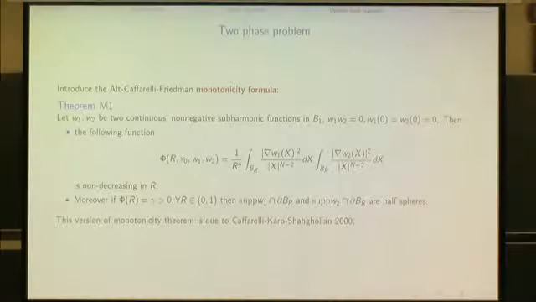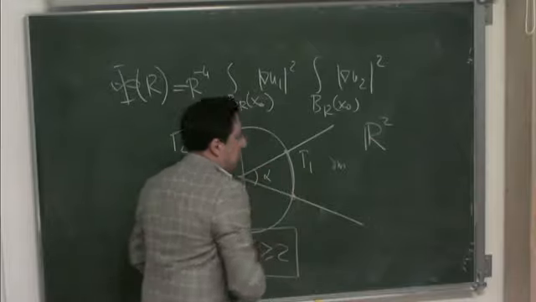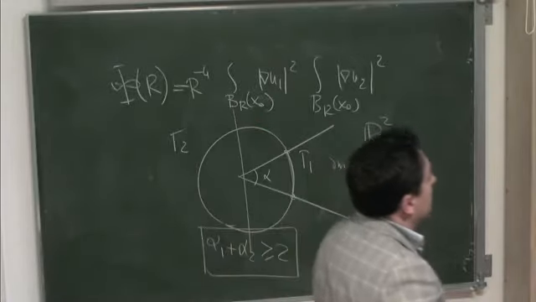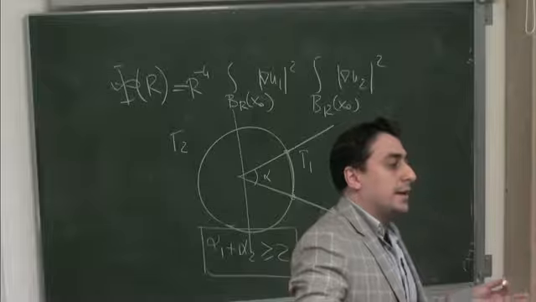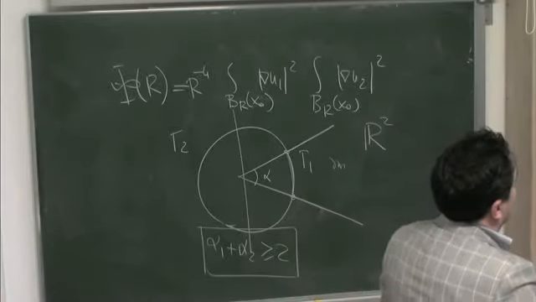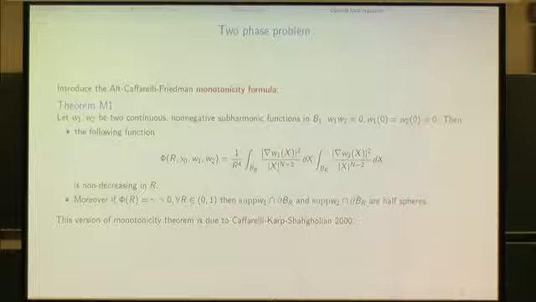In fact, you can compute these smallest eigenfunctions and eigenvalues explicitly, so it's going to be something like sine functions depending on the aperture alpha. In high dimensions, the situation is much more complicated. One needs to use some convexity property of eigenvalues to conclude that this is a non-decreasing function of R. There's one more thing to say about this phi: when phi is constant for any R between 0 and 1, then the supports of these two functions are going to be half spheres.